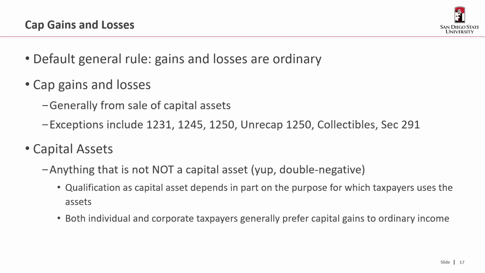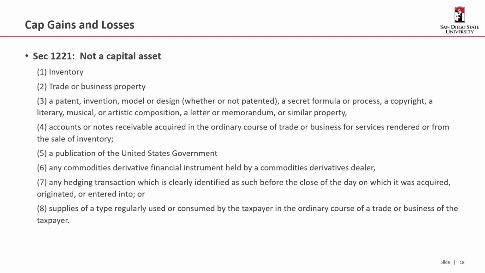And qualification as a capital asset can depend in part on the purpose for which the taxpayer is using those assets or property. So both individual and corporate taxpayers generally prefer capital gains to ordinary income. Individuals for rate purposes and corporations for netting purposes, knowing that net capital losses are not deductible.